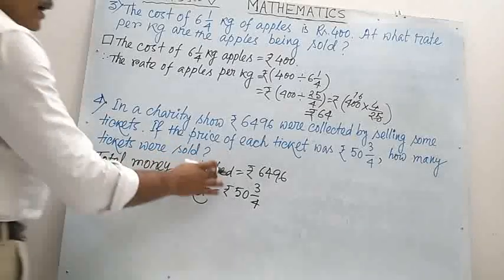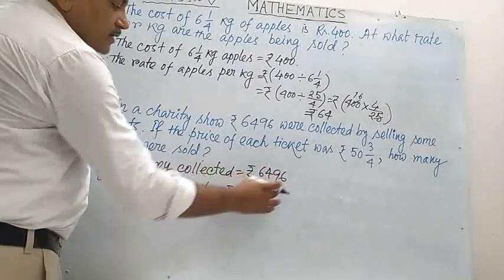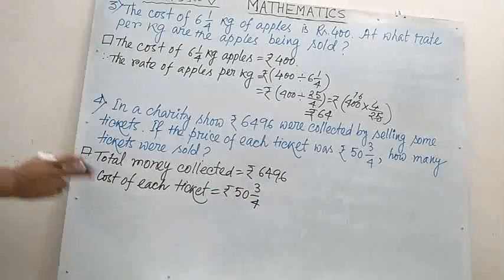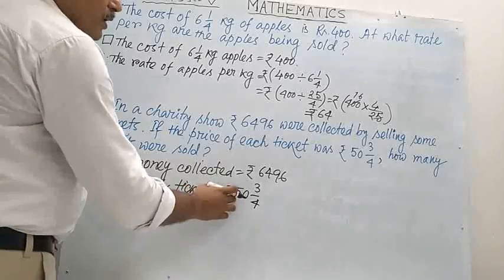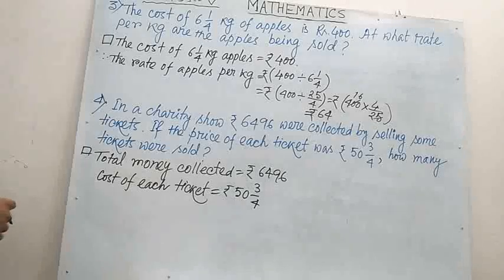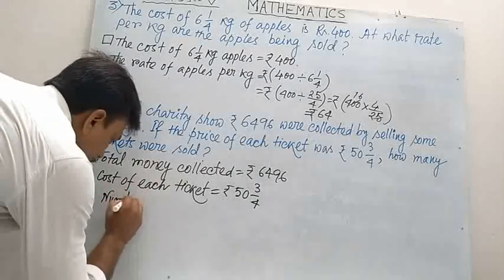So total money collected is 6,496 and cost of each ticket is 50 wholes 3/4. So how many tickets sold?